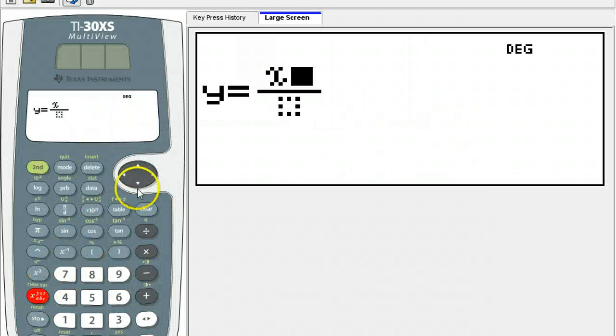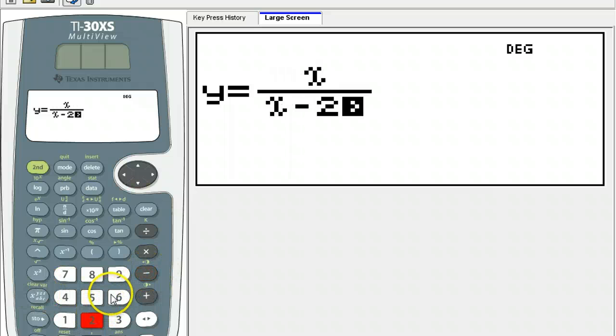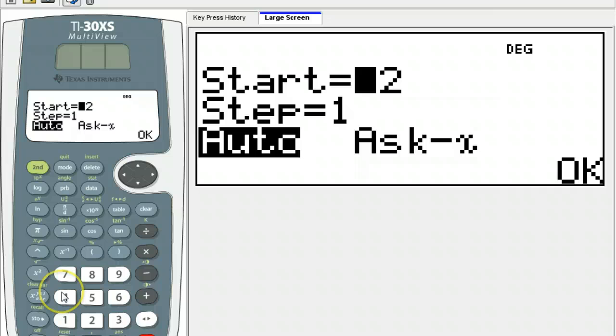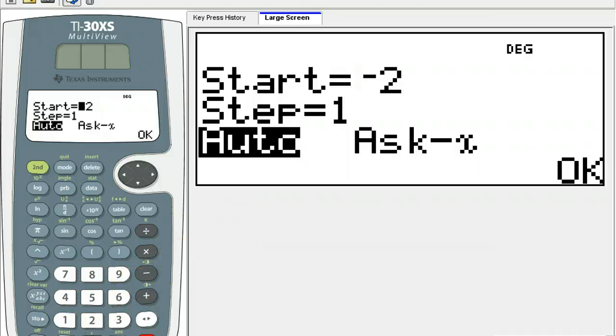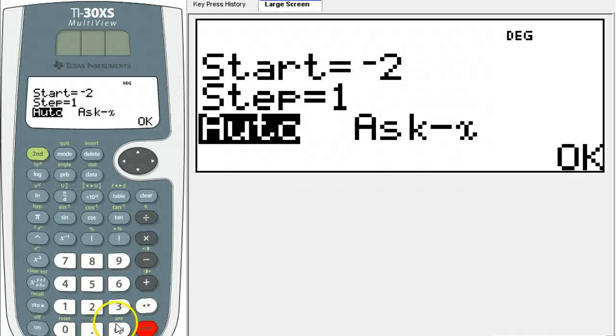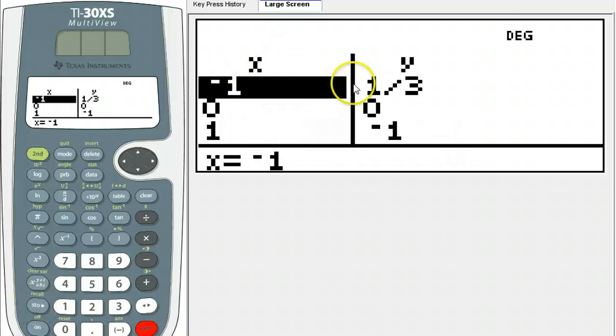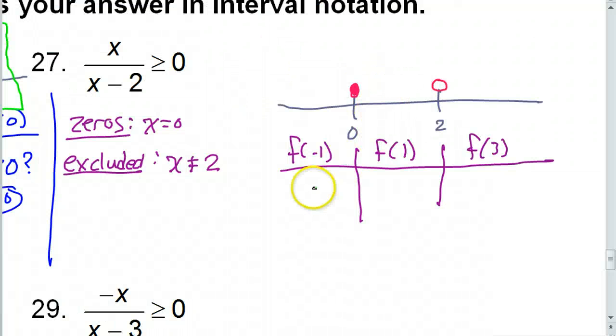So that's x over x minus 2. I'm looking for -1 first, so I'm going to start at -1. At -1, I've got 1/3.